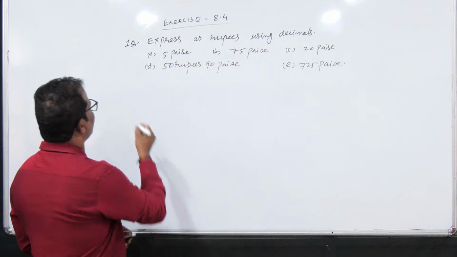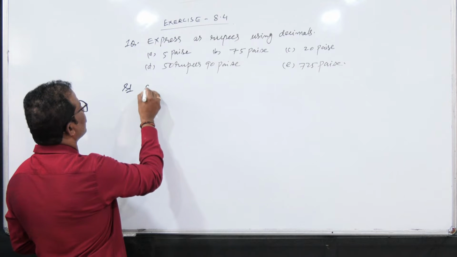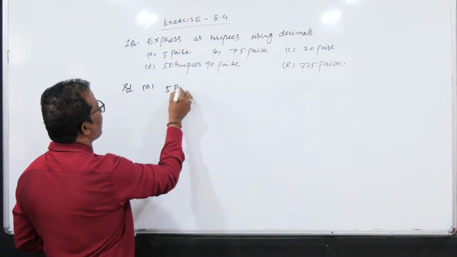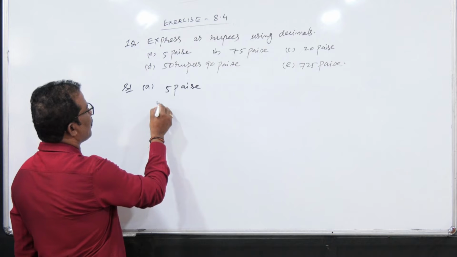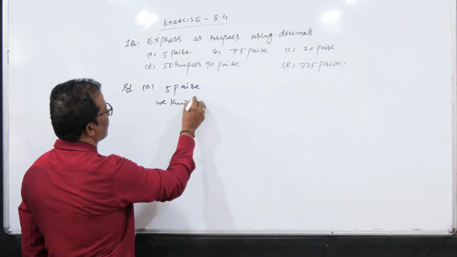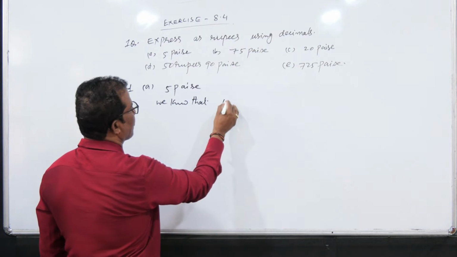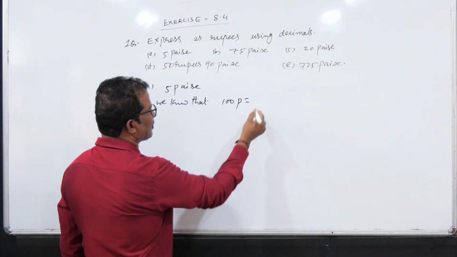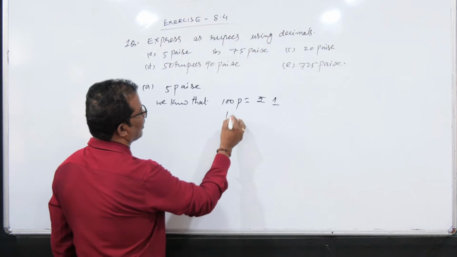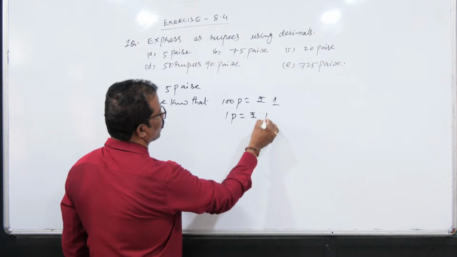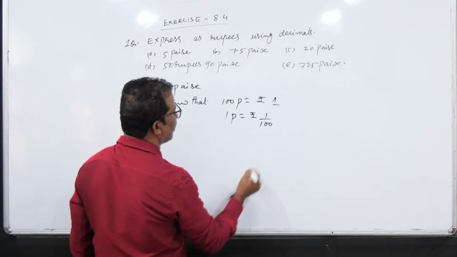You can see the solution of A, that is 5 paise. And we know that 100 paise is equal to 1 rupee. Then 1 paise is equal to rupees 1 by 100.